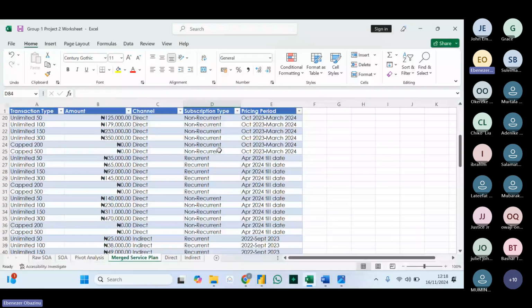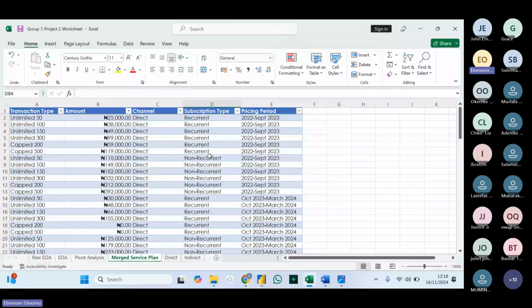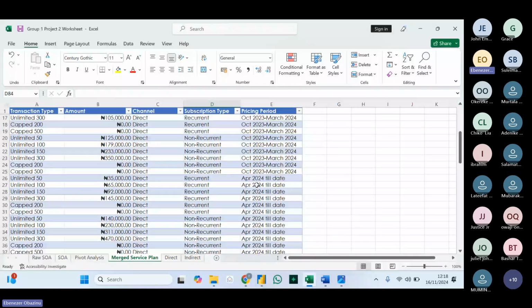This is the table we replicated. So we have all the service plans, the different amounts, their channel, their subscription type, then the pricing period. We created another column called pricing period, depending on when the tariff was reviewed. So we have 2022 to September 23, October 23 to March 24, and April 24 to date.